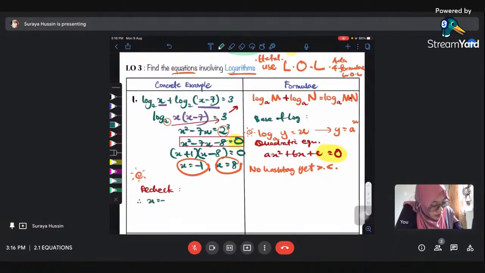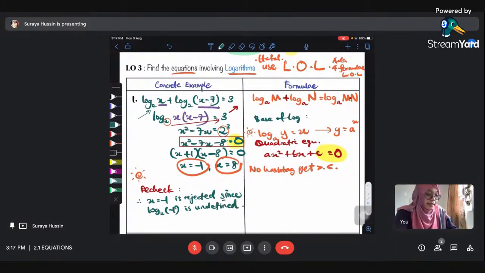So, x, the answer is actually here. X equals to negative 1 is rejected since log base 2, saya guna base 2 sebab soalan ni base 2. Base 2 negative 1 is undefined. You tak percaya, you tekan calculator, log, tak payahlah base 2 pun tak apa.